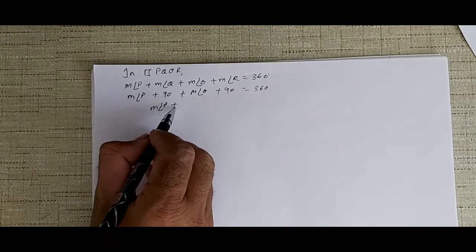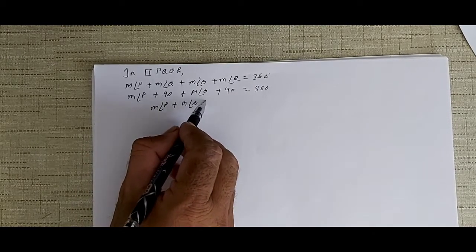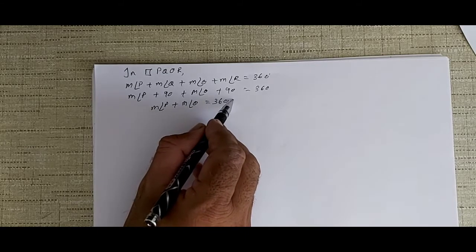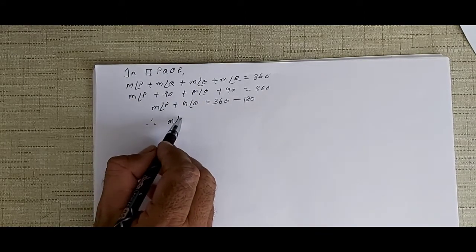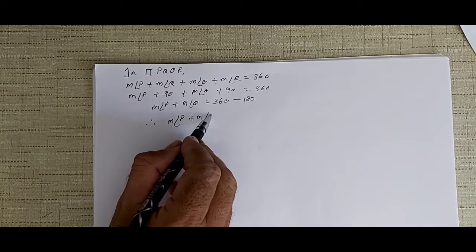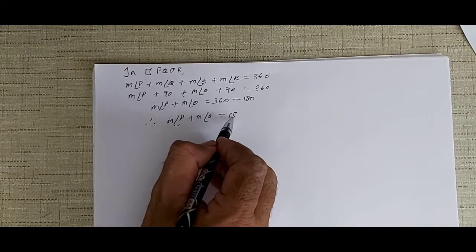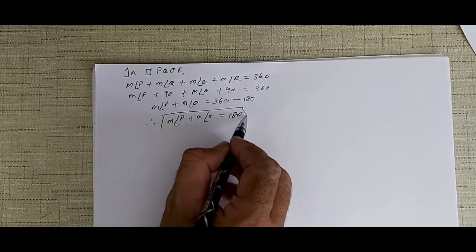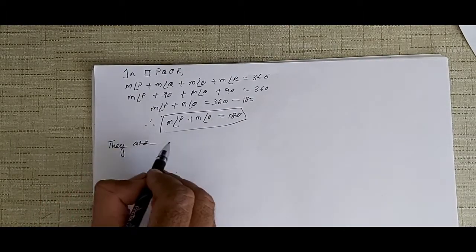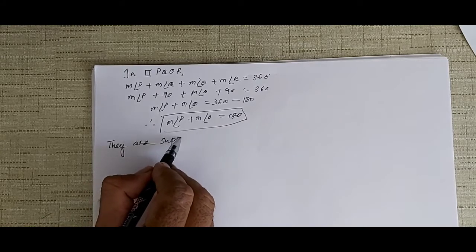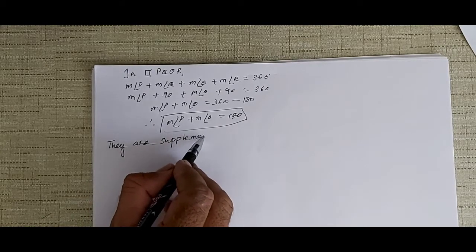So measure of angle P plus measure of angle O is 360 minus 180. Therefore, measure of angle P plus measure of angle O is equal to 180. And therefore, they are supplementary. Supplementary pair of angles means their total is 180 degrees.